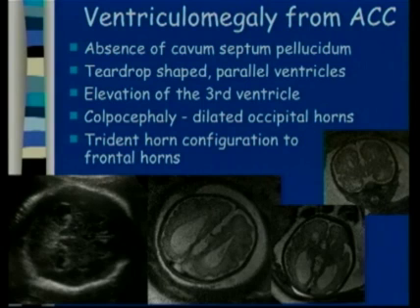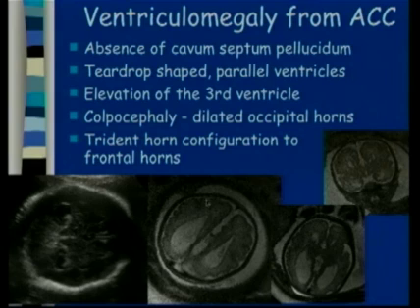Now, the other fetus wasn't so simple. It had dilated ventricles, but they were teardrop. On this MRI you can see it a little bit better, but it was on the ultrasound image: the teardrop parallel shape of the ventricles with elevation of the third ventricle in between.